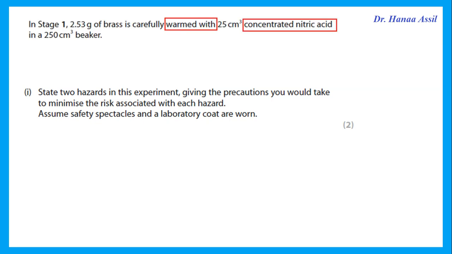What did he say? He said in stage 1, the brass is carefully warmed with concentrated nitric acid. Of course, if I'm using concentrated nitric acid, the hazard is that it is corrosive. So the precaution would be to wear gloves.